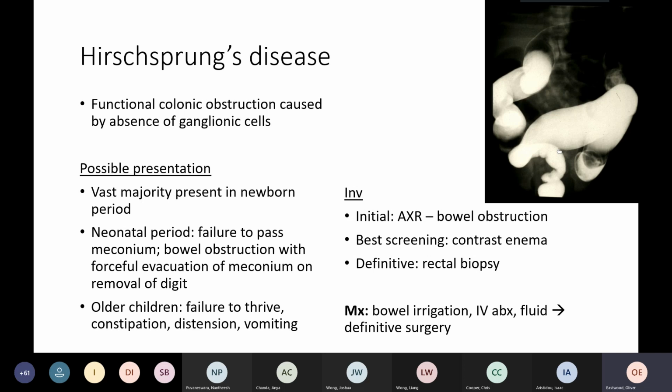You get this because the rectosigmoid part of the colon is most commonly affected by Hirschsprung's, and when it is affected, this bit is tonically contracted. Because of a problem with the nervous innervation of it, it's just squeezing tight and you can't get anything going past it. So that bit would look normal, but everything else past it will be distended and backed up.